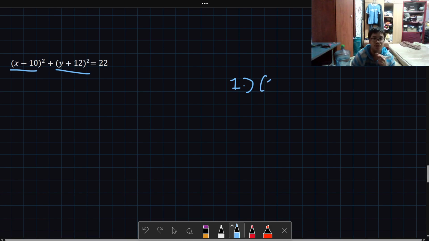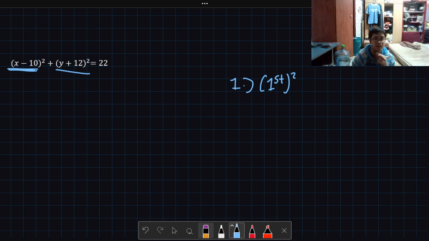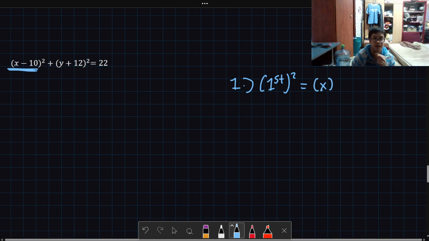First step, we square the first term. Let's focus here on the x minus 10. Squaring the first term will give you x squared. Next, the second term is 2 times the first term times the second term.